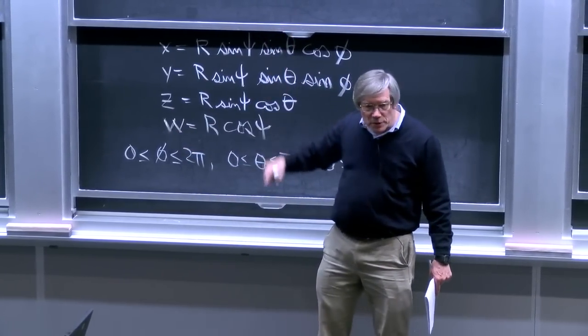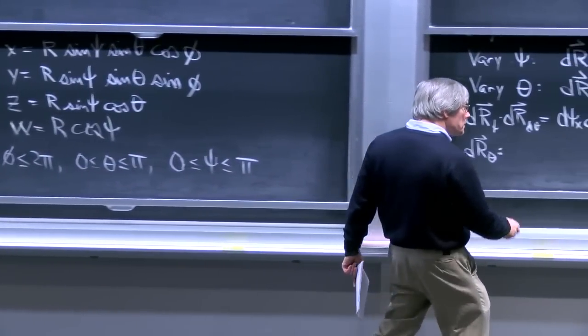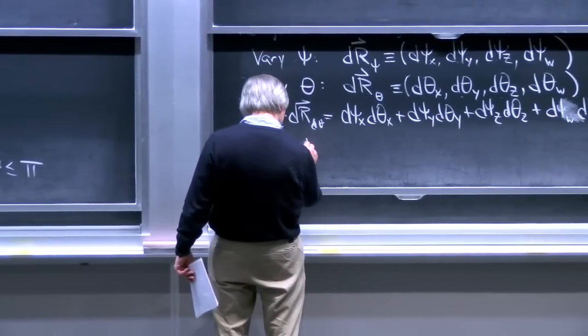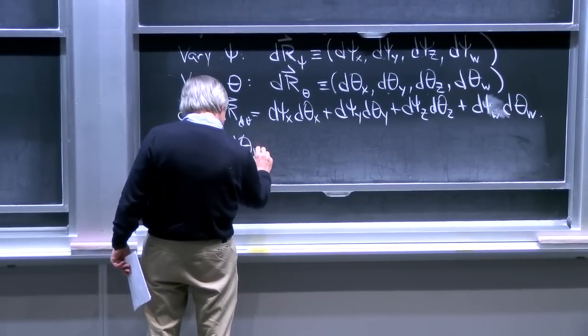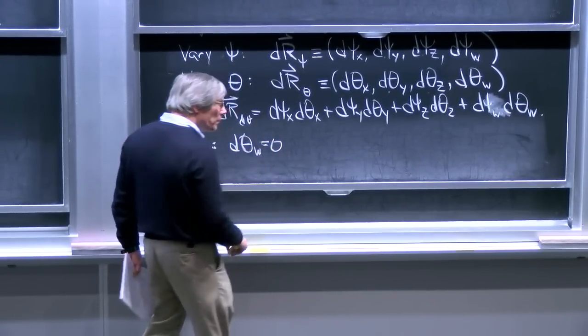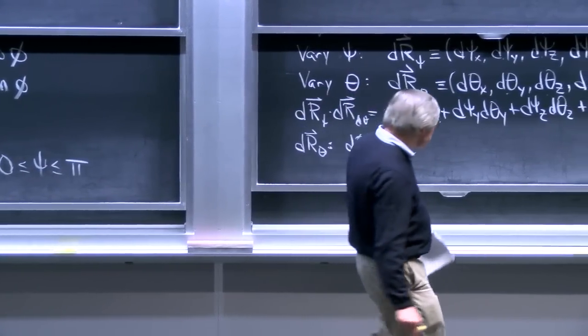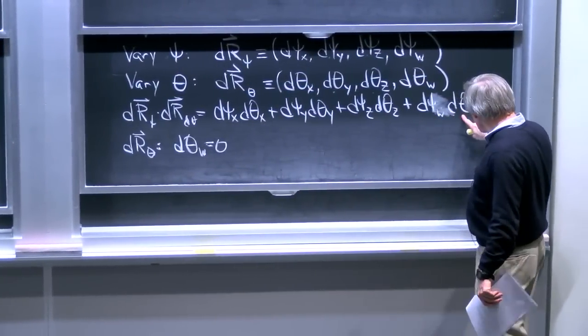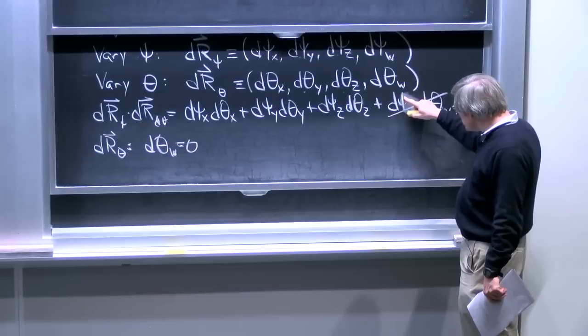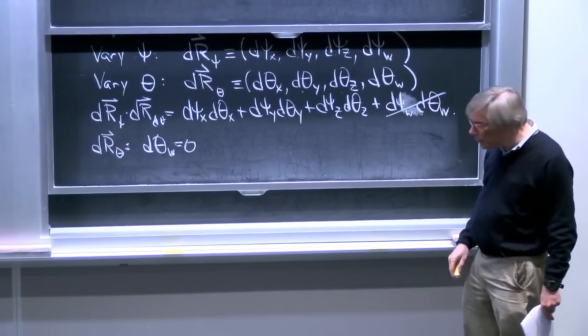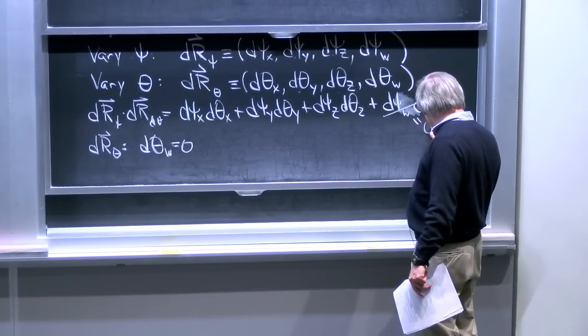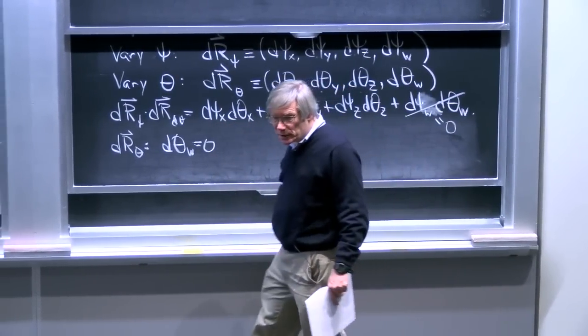And we can easily see that from the picture as well. So d theta sub w equals 0. And since these are all products, that means that this last term vanishes no matter what d psi w is. So we know we don't need to worry about that term. We only need to worry about these three terms.